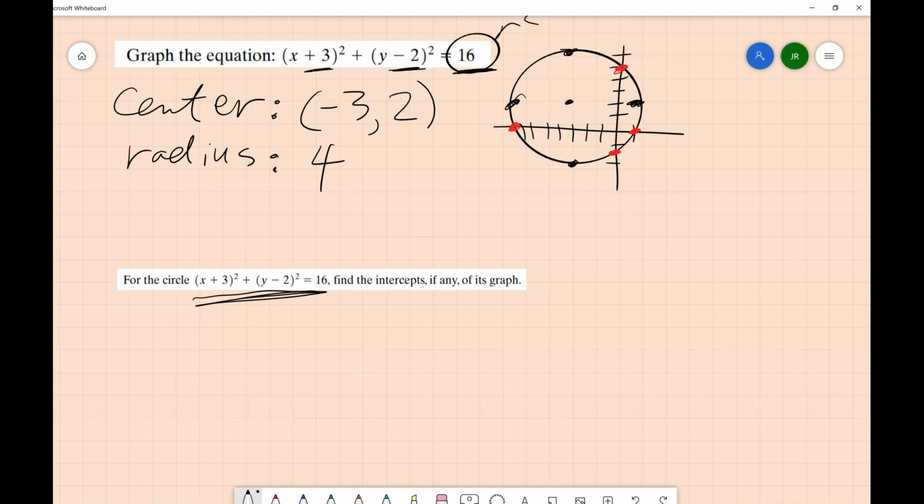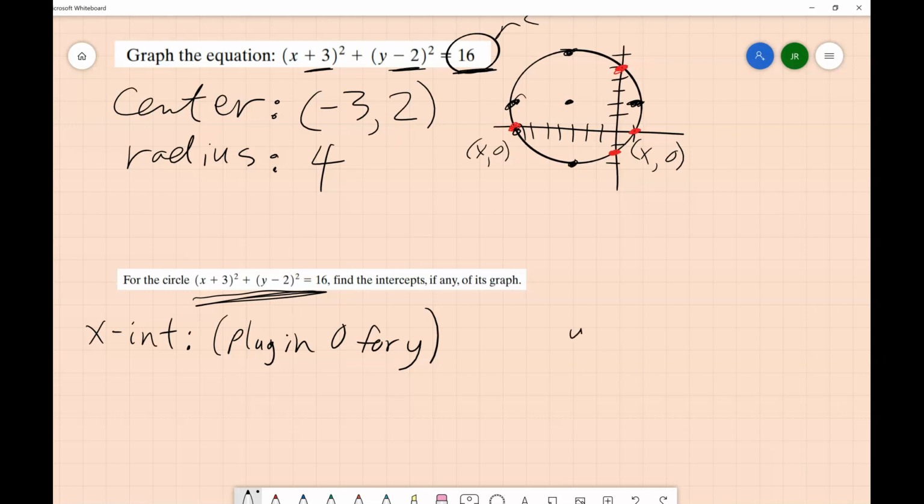If you want to find any x-intercept for any equation, you plug in 0 for y. Anywhere on the x-axis, we have some x-coordinate, but the y-coordinate is always 0.